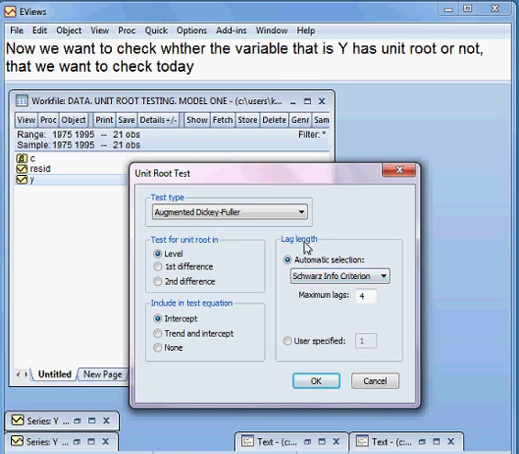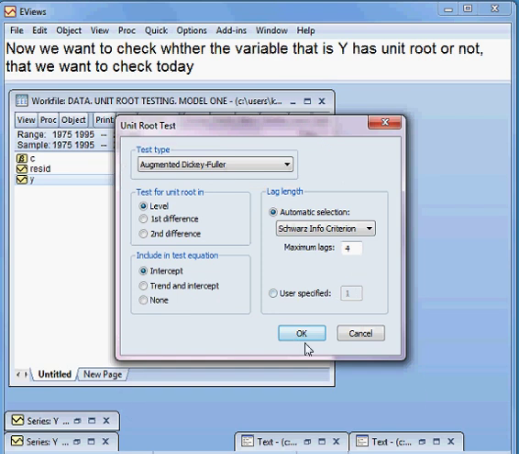We call it lag length selection, and automatic selection means that our software will choose the number of lags. Suppose it has chosen 4 lags.